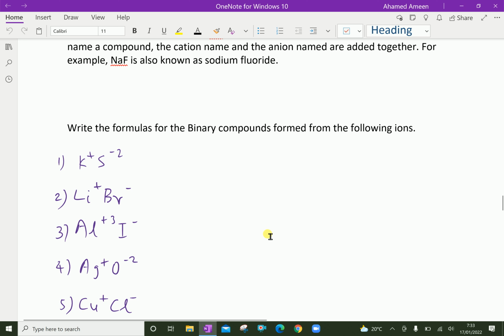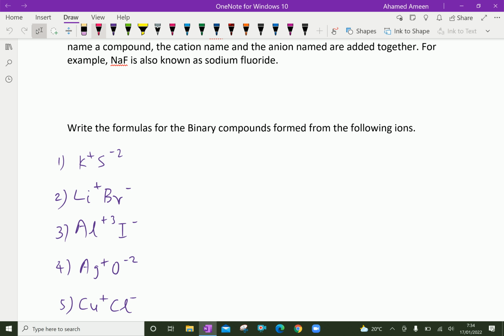That means we have to write this as K2S, which means we need to balance the number of ions of potassium and sulfur. K has one positive charge, so we use 2 potassium to balance the 2 negative charges of sulfur, so K2S has no net charge.